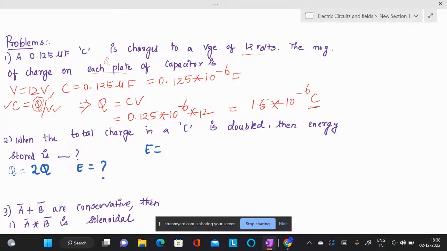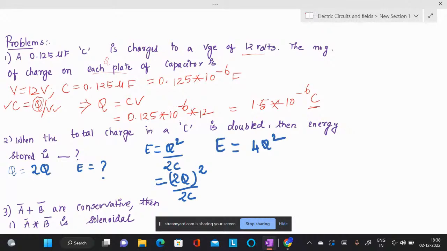Okay, E can be given by E equal to q square by 2c, okay? So where q is now doubled. So it becomes 2q whole square by 2c, which is 4q square.